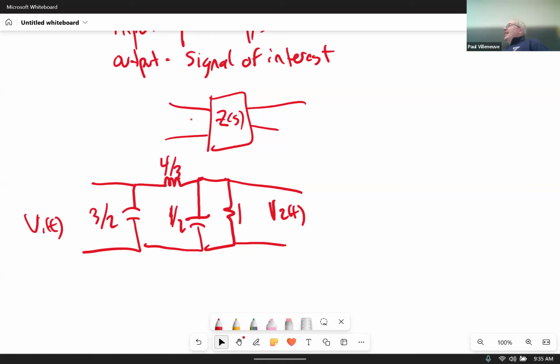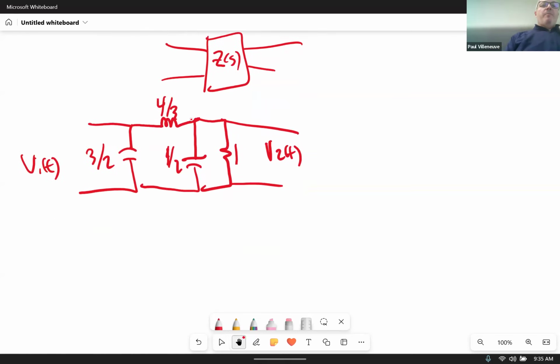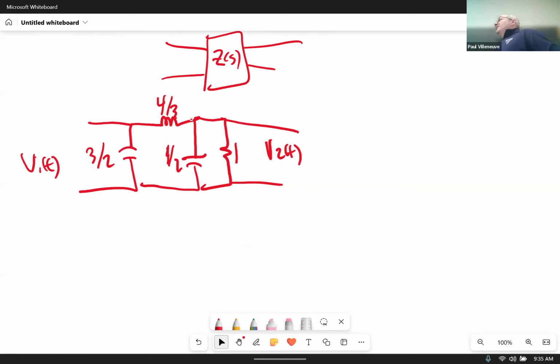I'm not stuck at any specific input, which would mean I could only give you the answer for that very specific case. Because this has a bunch of inductors and capacitors, which would require us to do integrals and derivatives, I can't do a transfer function in the time domain at this point.